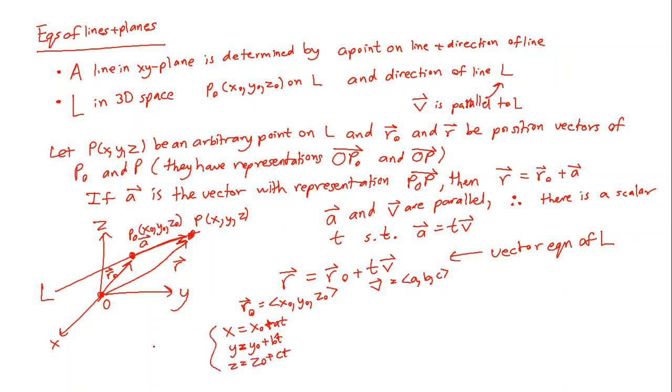So these are the parametric equations of line L through point P0, x0, y0, z0, and parallel to v equals ABC.